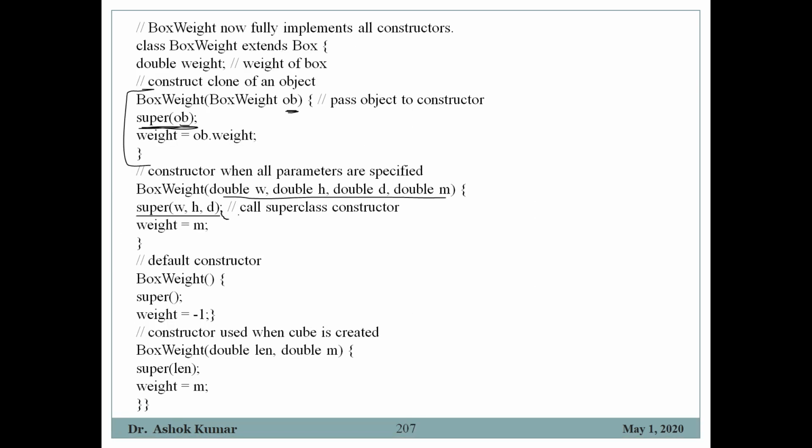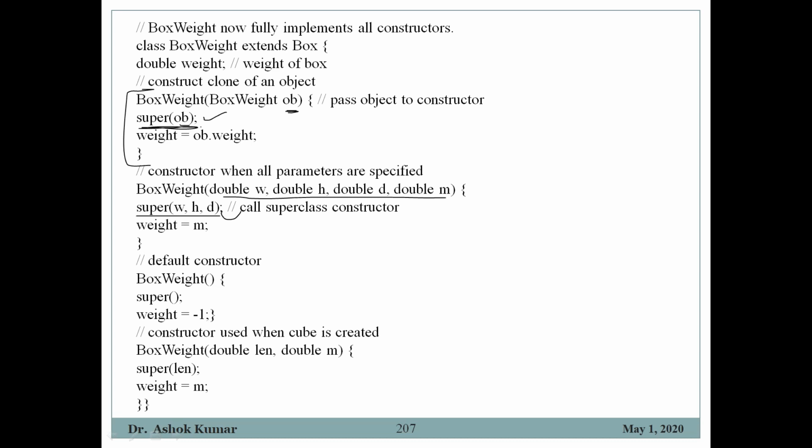Keep in mind, if you observe this code, the very first line in the constructor of derived classes or subclasses will be the call to the superclass constructor. So the very first line of the subclass constructor should be the call to the superclass constructor. This is a very important point.